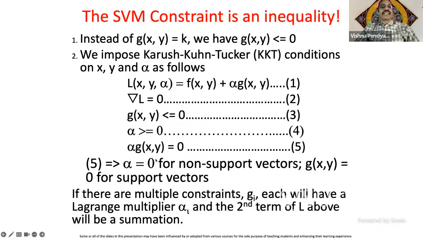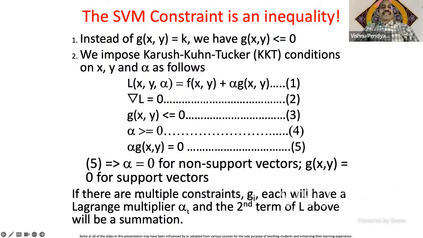That means for non-support vectors, alpha has to be 0, because g will not be 0. That's a very powerful observation, right? What does it tell you? Even if there are a million rows, we are concerned only with the alpha values for the support vectors, which could be 5 or 6 typically.